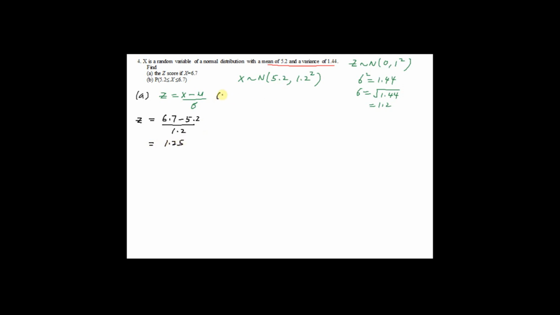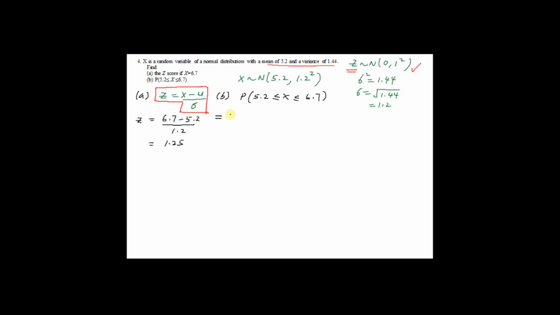So part B now, we have to find the probability x more or equal to 5.2 and less or equal to 6.7. Now we have to convert to the z-score because the table given is the standard normal distribution, meaning mean 0 and standard deviation 1. How to convert it? We are using this relationship: z-score equal to the x value minus mean over standard deviation.